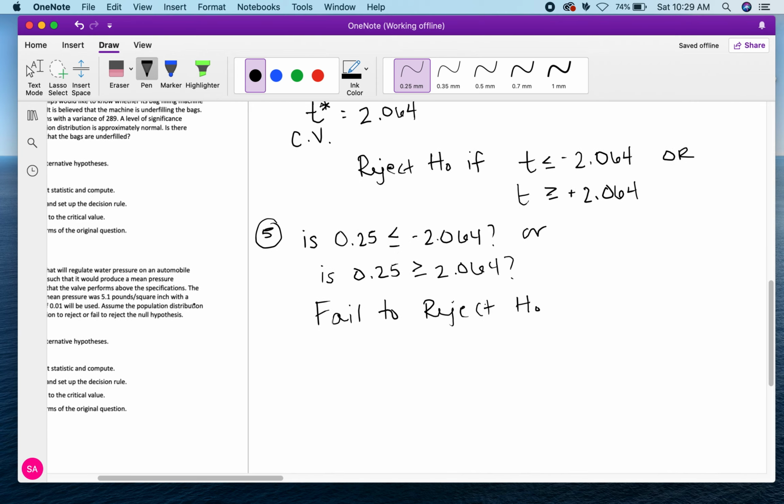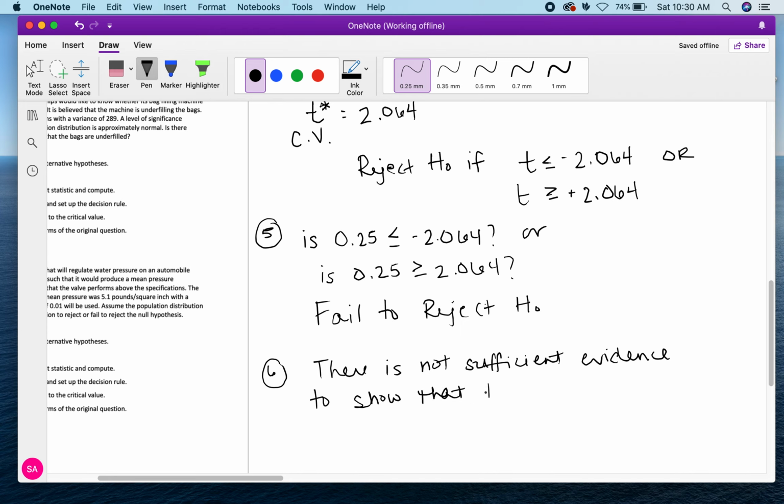Now the last step, as always, is to reword the conclusion in terms of the problem. So we could say that there is not sufficient evidence to show that the new technique performs differently.